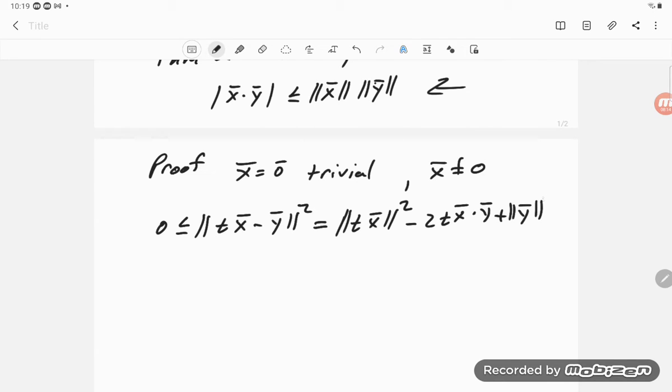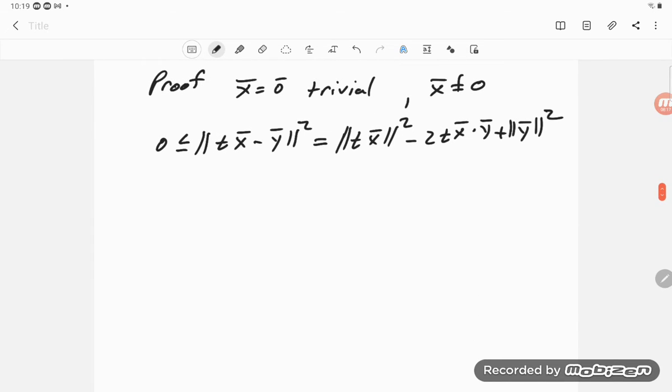And then the norm of y squared. And so again, we just do the dot product and get that. Now we factor out our t, and we get t squared times the norm of x squared, minus, and now they do 2x dot y like that, all times t, and then plus the norm of y squared, magnitude there.